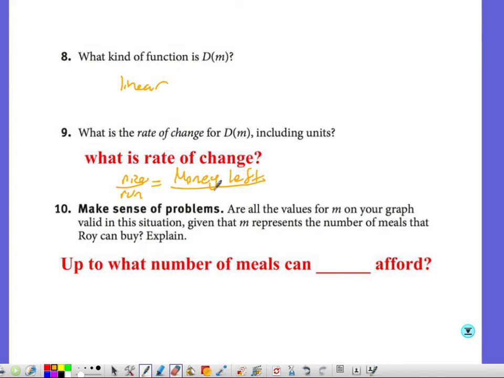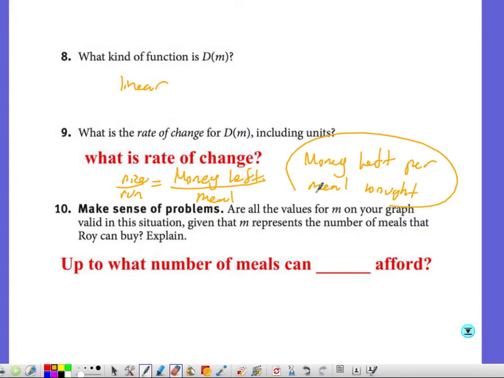So it's going to be money left per meal. If we write this out, the rate of change represents the money left per meal bought.